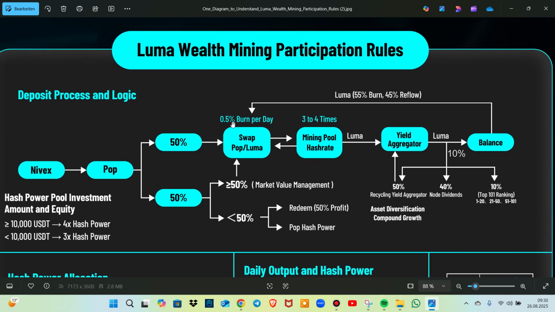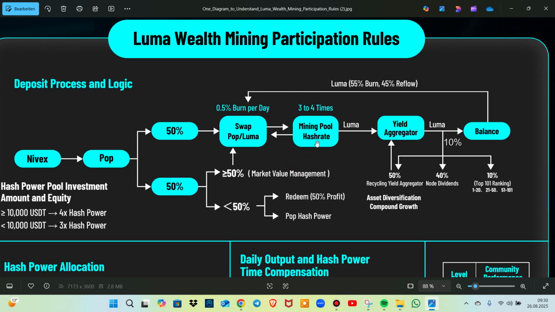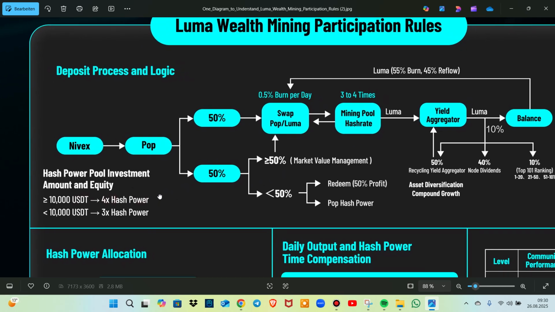So a 0.5% burn per day, which is a 55% burn in total, and 45% will go back into the ecosystem, will be used as a reflow, right? And the mining pool will be able to generate 3 or 4x for you, depending on your investment amount.